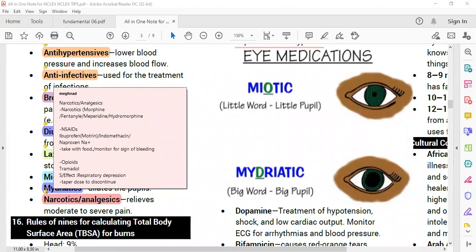The NSAID, non-steroidal anti-inflammatory medication, we use for moderate to severe pain. The most common drugs are ibuprofen, which we can buy over the counter, called Motrin, or indomethacin, naproxen, or celecoxib.